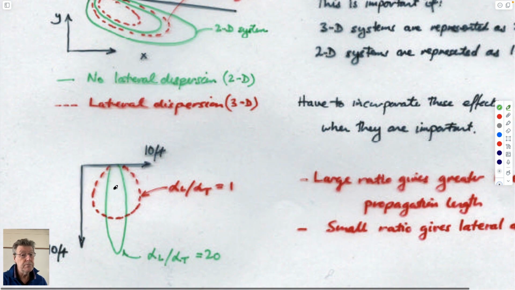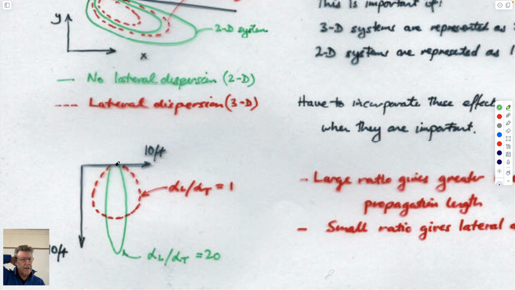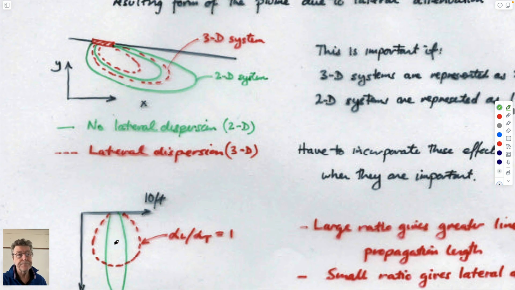If you look at a plume being generated from a source downstream, and you look at it in plan view, then in terms of these coefficients that describe the longitudinal dispersion and the transverse dispersion, depending on the magnitudes of these, we've already said that they might be a factor of 3 different from each other. Then as the ratio of them gets larger, the shape of the plume is controlled by that in plan view.